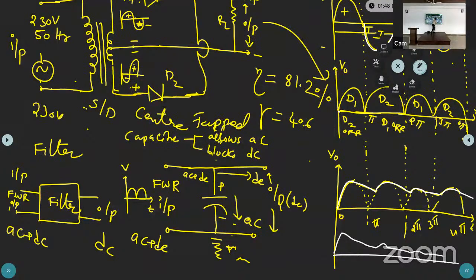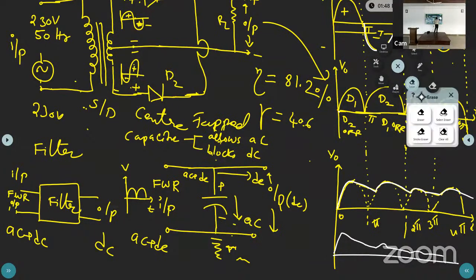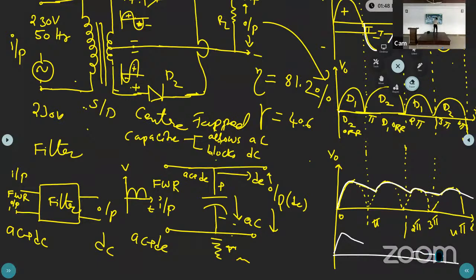It should go straight up. What will happen? We are getting almost a straight line.